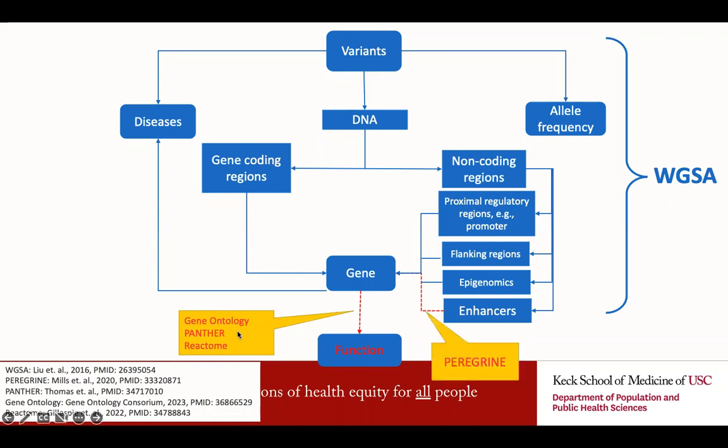If we have the enhancer information, we can retrieve the enhancer to gene link and annotate those enhancers to their target genes and link the functions to these enhancers. This is through a database called Peregrine. It's also developed under this P01 grant, this whole IMAGE program.